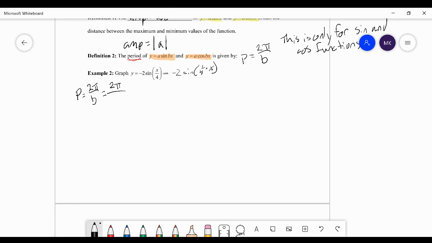So our b value is 1/4, and we divide 2 pi by 1/4. Dividing by a fraction is the same as multiplying by the reciprocal. So instead of dividing 2 pi by 1/4, we can think of it as multiplying 2 pi by 4, and we end up with 8 pi.